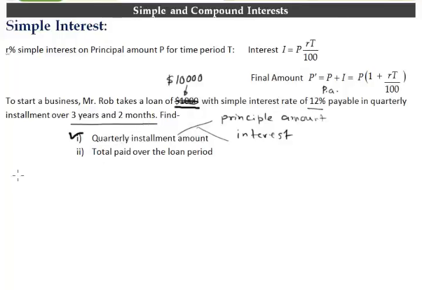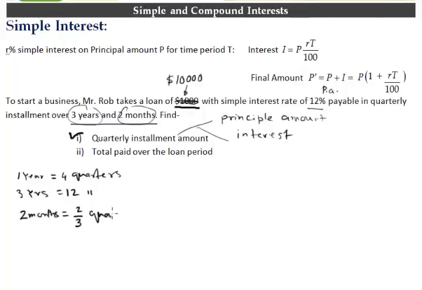In 1 year there are 4 quarters. So in 3 full years, there will be 3 times 4, that is 12 quarters, plus the last one. And the last one is not full, it is 2 months. 3 months make a quarter, so 2 months means 2/3 of a quarter.